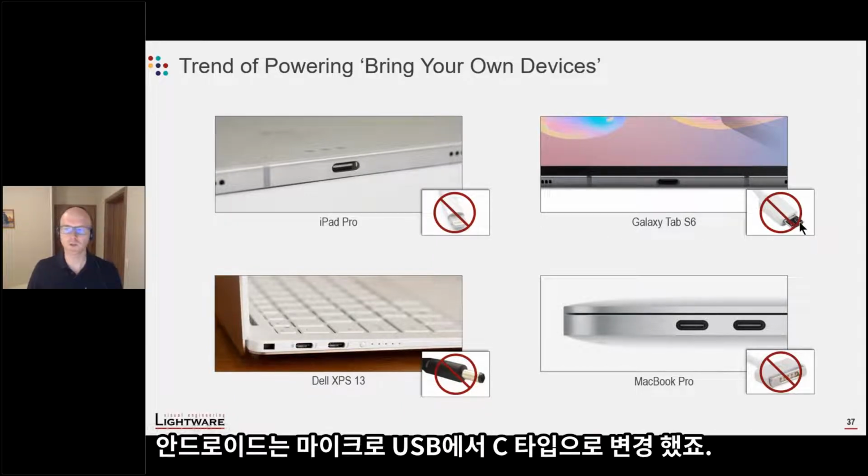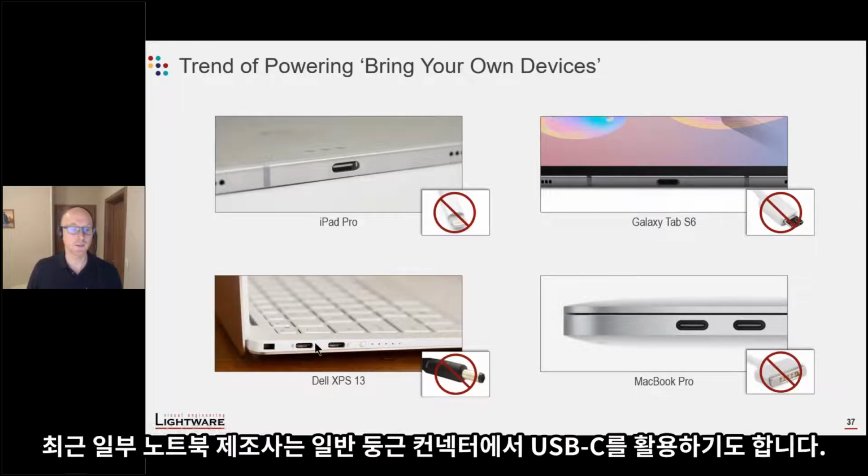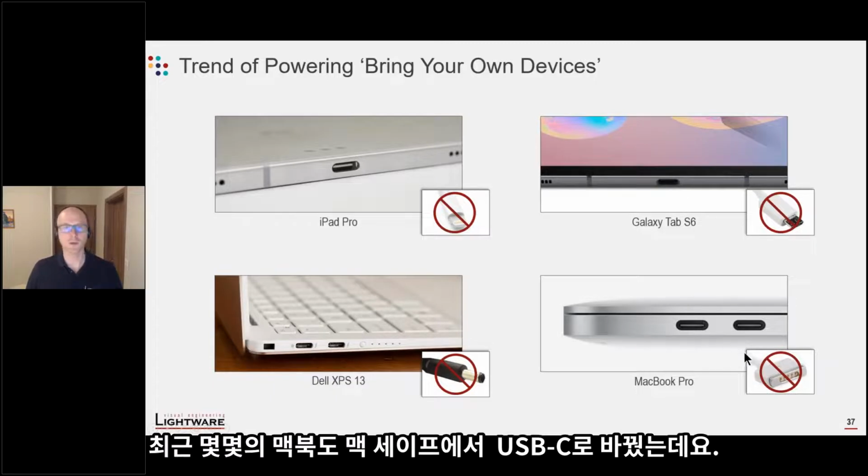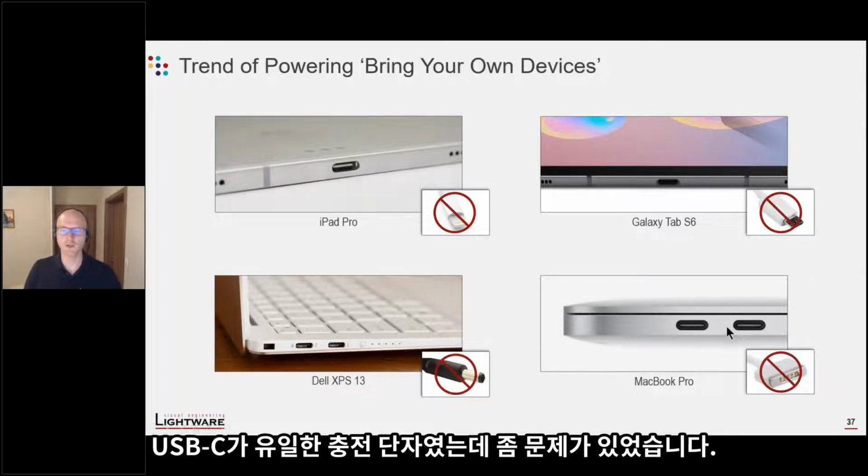Android tablets switched from micro USB to USB-C. Some laptops also ditched this barrel type DC connector in favor of USB-C, and MacBooks also stopped using for a while this MagSafe connector, and the only way to charge them was via USB-C.